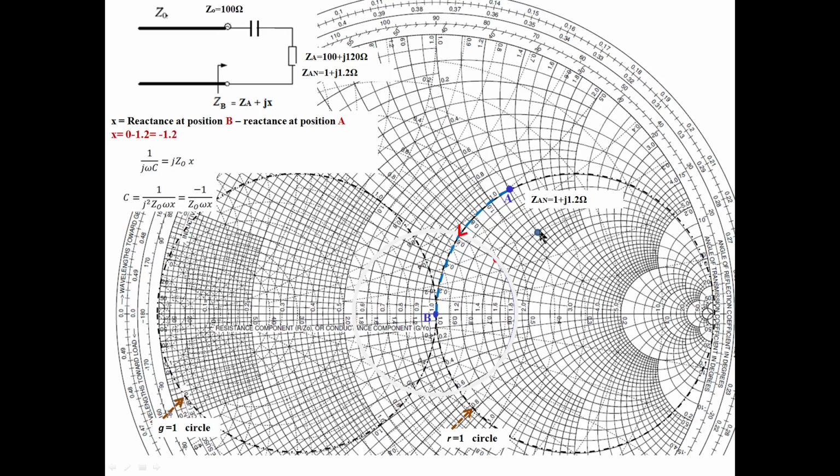For example, this is the load point. From the load point, first I should reach the R is equal to one circle like this. First you should move like this to the R is equal to one circle.